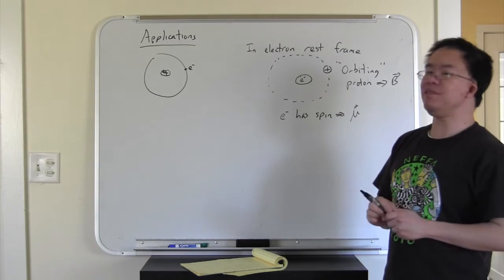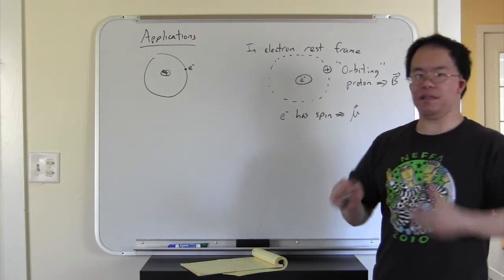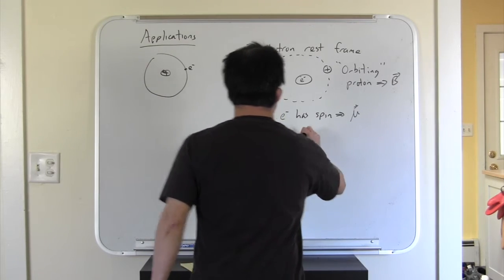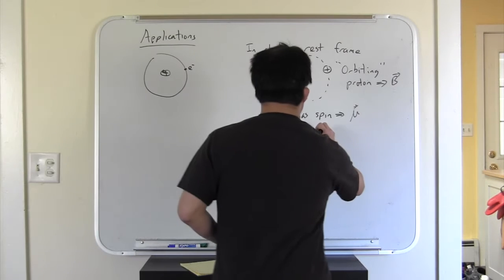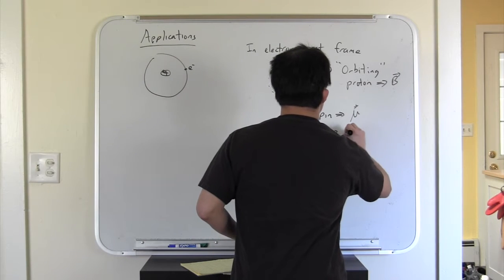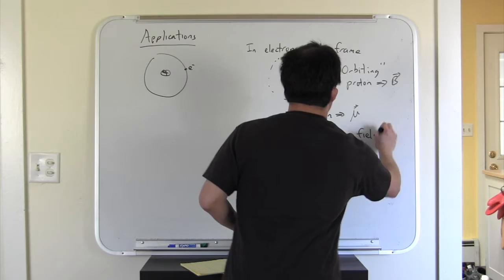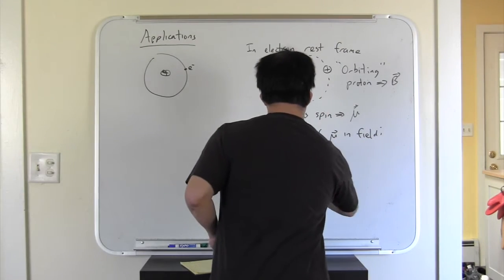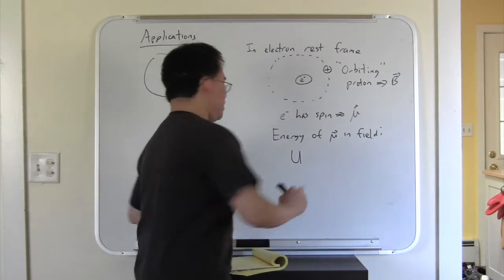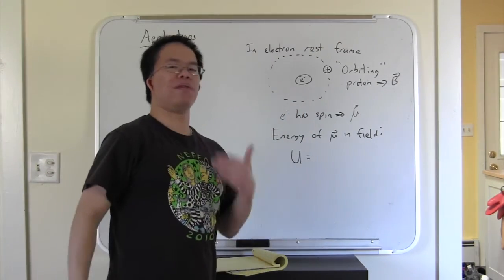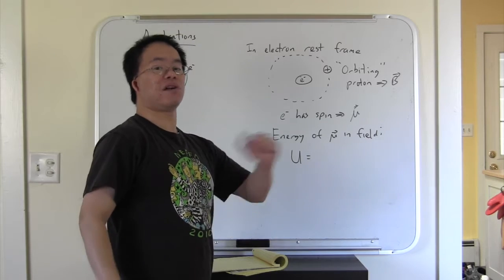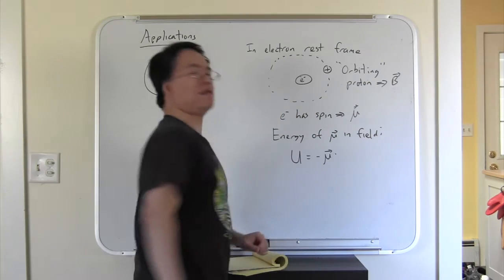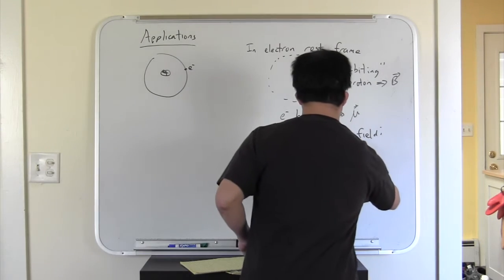Where the physics comes from is the energy of a dipole in a magnetic field, or potential energy specifically of mu in B. And again, you may have learned this in 118, that the potential energy U for a dipole in a magnetic field depends on the dot product of the dipole moment with my magnetic field.